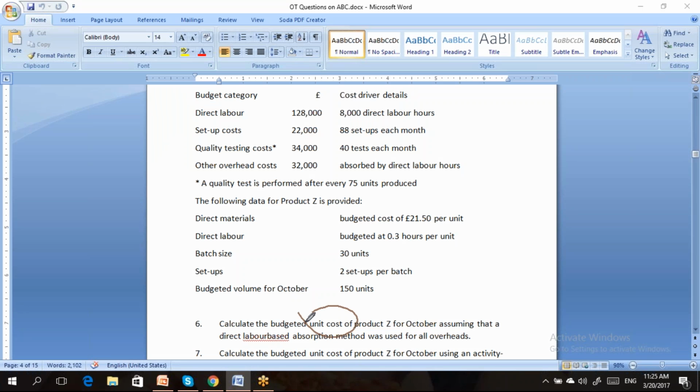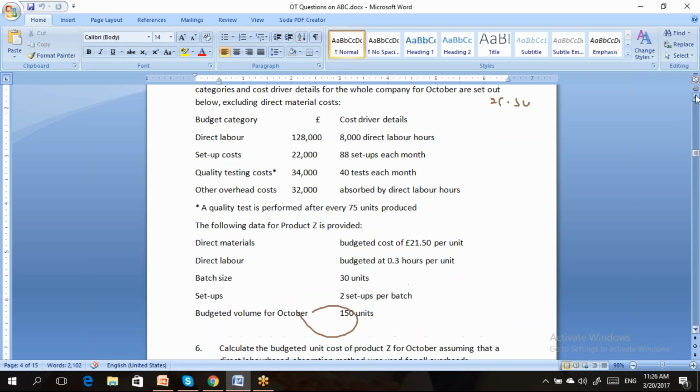Material, we know, is straight away 2150. Labor: 128,000 divided by 8,000. In the second part of the question you had done that one. 128,000 divided by 8,000, 16 per hour. This product is going to take how many hours per unit?